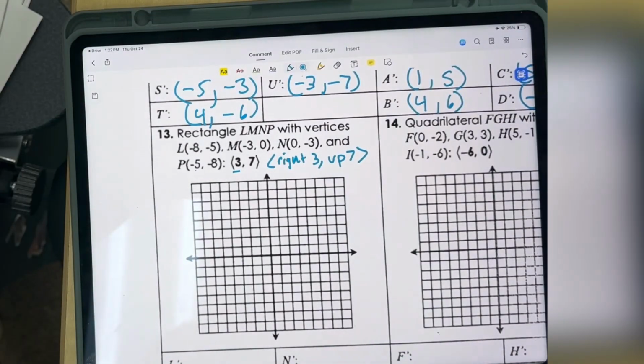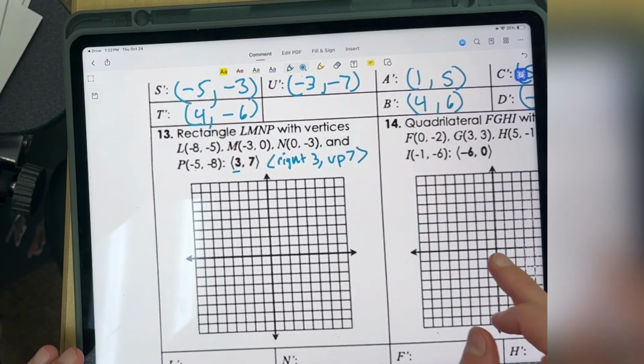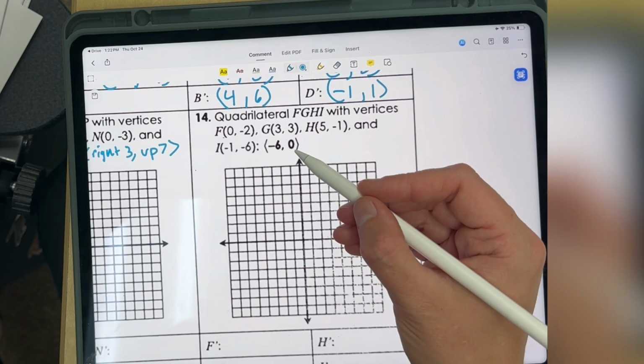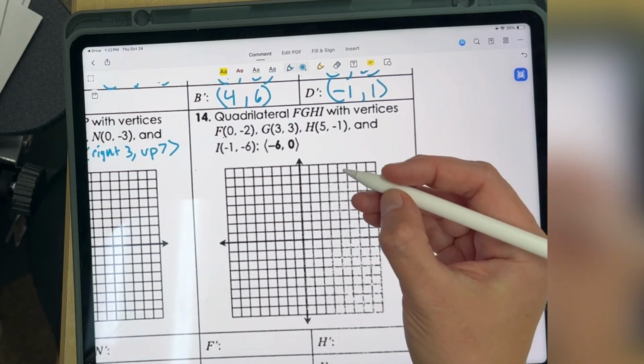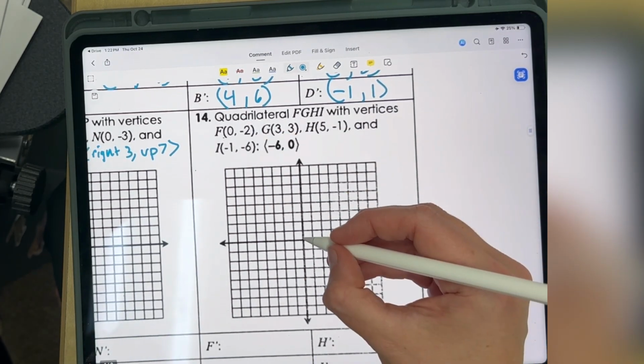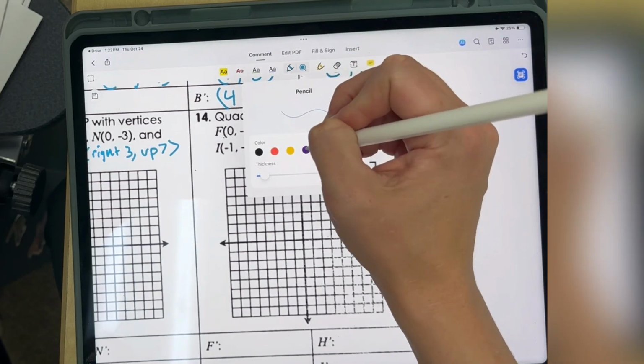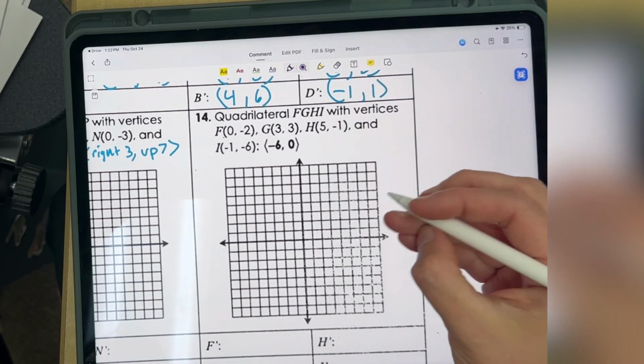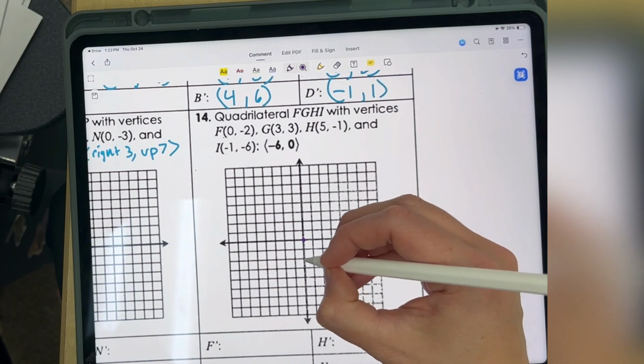Sound good? All right, we will do this last quadrilateral, because I want you to practice with the zeros, okay? So, what's this say? This says F is at, let's go back to purple, F is at 0, negative 2, so that means don't go left or right, just go down 2.